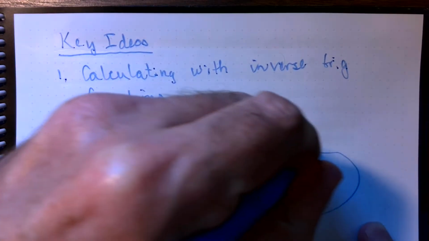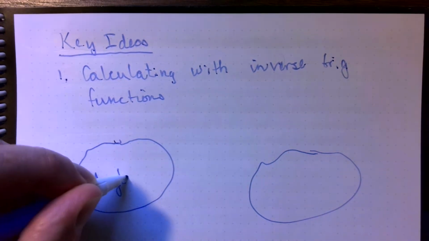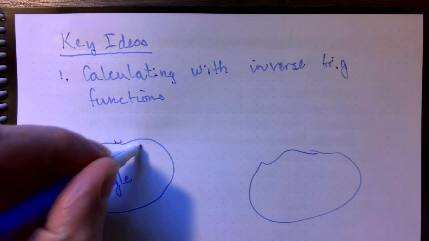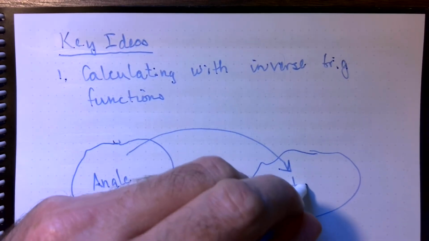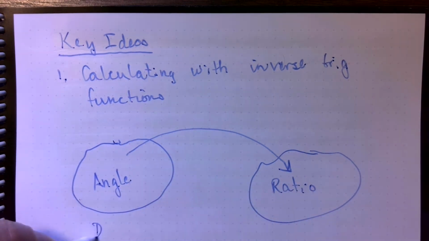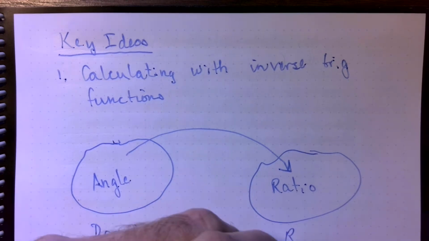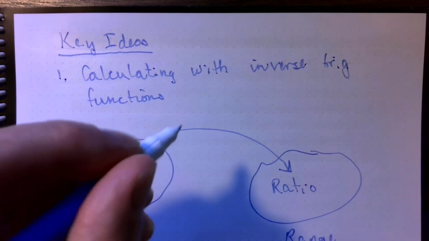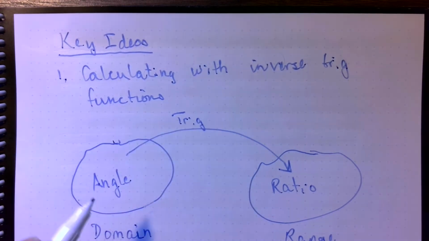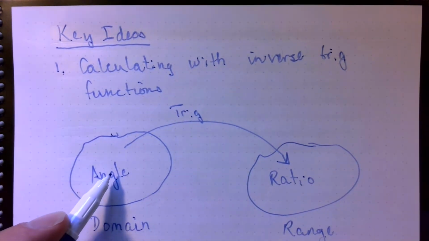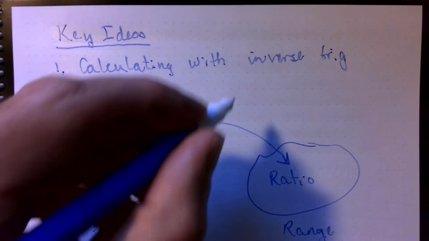Now typically, when you're working with trigonometry, you start with an angle and you get a ratio. And remember, the general concept of a function is you take an element of the domain and you follow some kind of rule, and it matches up with an element in the range.